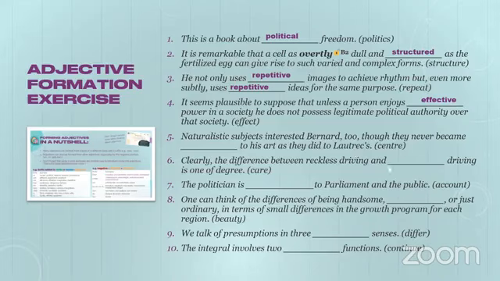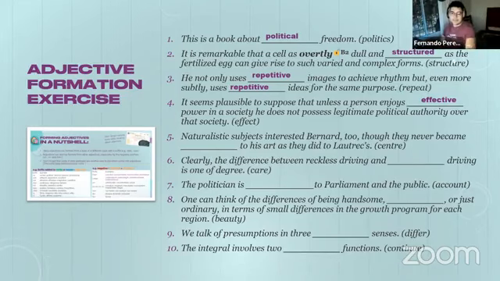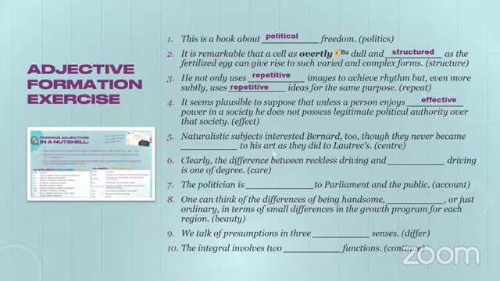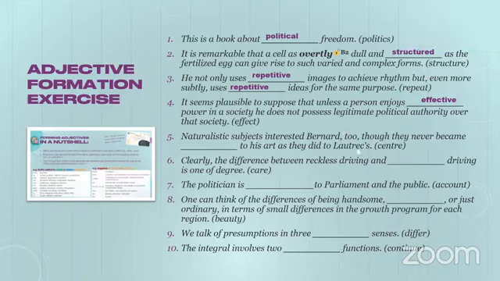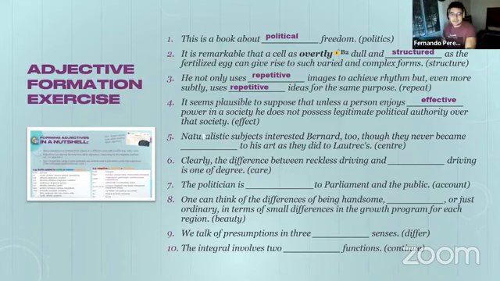What is his profession? Lautrec was a painter. We don't know what kind of art, we only know that he's an artist. I remember from my art history classes. So let's say that he's a painter, right? If we are talking about naturalistic subjects, and we are contrasting Bernard's interests versus Lautrec's interests.